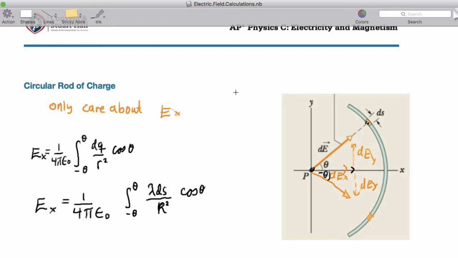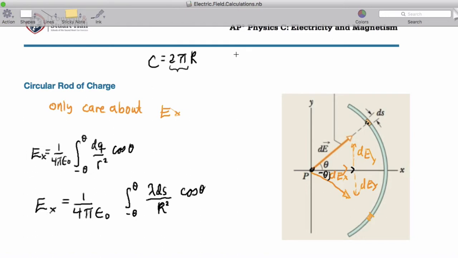Now, just to be clear, when you're integrating a little hunk here, the arc length, the circumference of a circle is 2 pi r. So a little hunk of circumference, and 2 pi r means you went all the way around the circle.